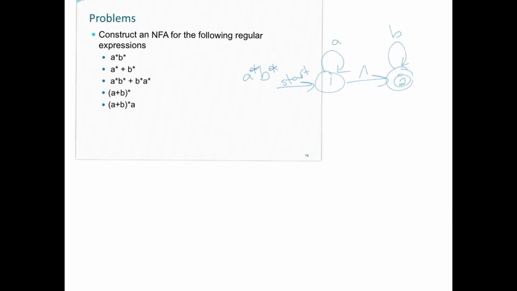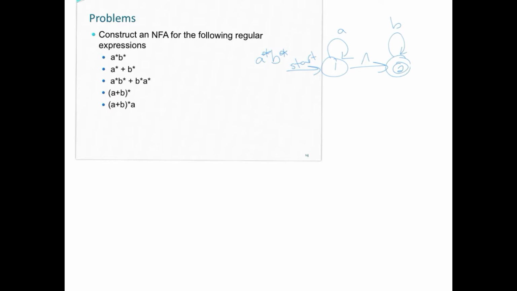And let's see, let's put that up there. If I want A star plus B star, that's different. That's all A's or all B's, right? So we'll start, and it's 0 or more A's or 0 or more B's.